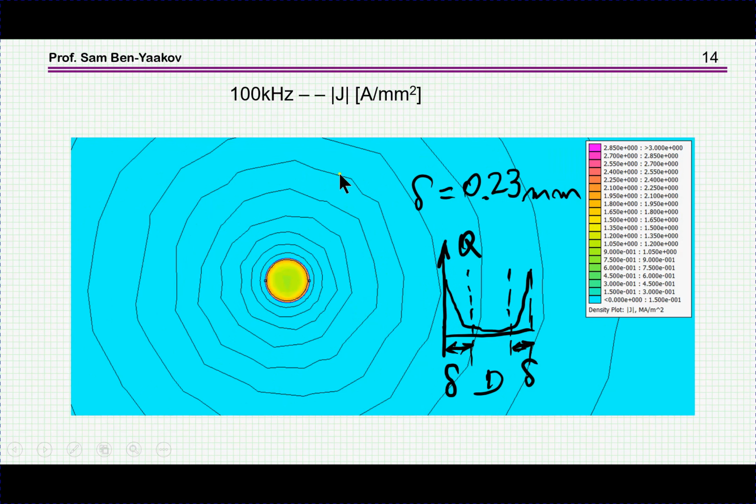Now I move to 100 kilohertz. Now here the skin depth is 0.23, while this is 1 millimeter across. So we can see here the crowding already. This is the density of the current, and obviously, it's not a sharp boundary. It's something like this.